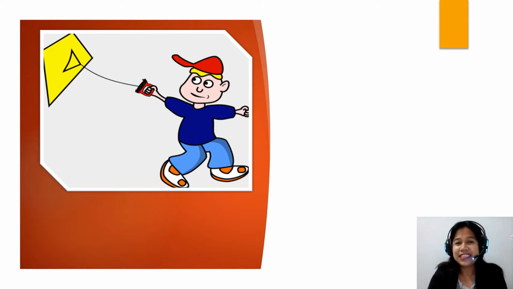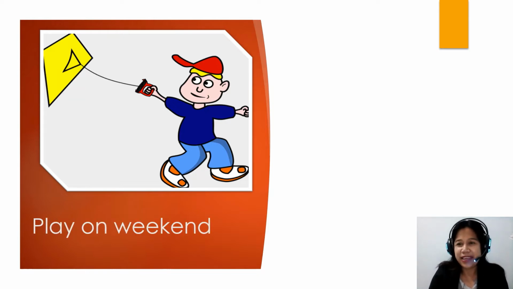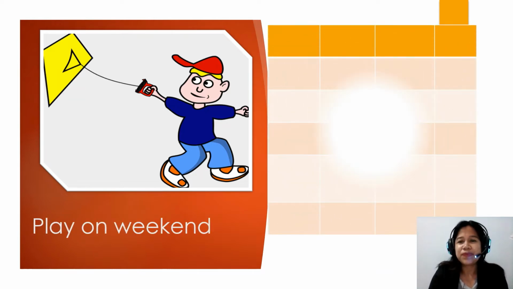This is the action. Okay, play on weekend. Now here is the diagram on how to use always, usually, often, sometimes, seldom, and never.